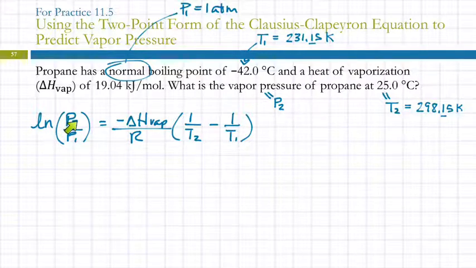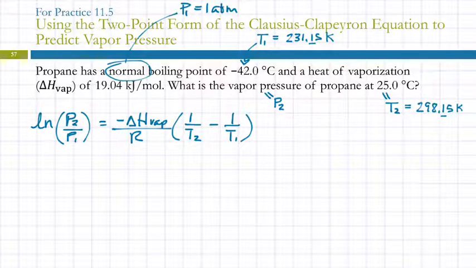It's just that when you find P2, it's going to have the same unit as whatever unit you use for P1. So I'm thinking that P1 being 1 atmosphere is going to make my math pretty simple, because P2 divided by 1 is just P2, right? So that's nice. So we can plug these in here.